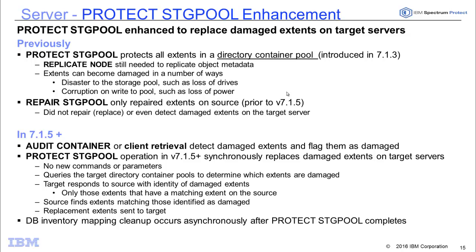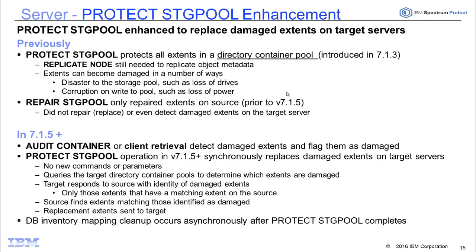Prior to 7.1.5, the Protect Stgpool and the Repair Stgpool were not able to identify and repair extents that were damaged on the target server. It only identified and repaired damaged extents on the source server. So in 7.1.5, we can now run an audit container, or when a client is trying to retrieve data off of the target and it notices that an extent is damaged, either of those will flag the damaged extents.